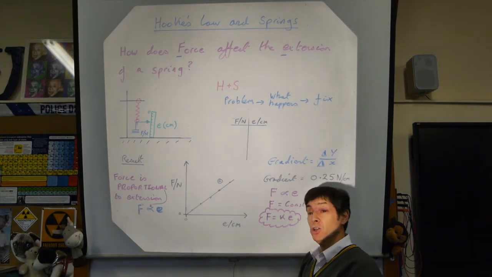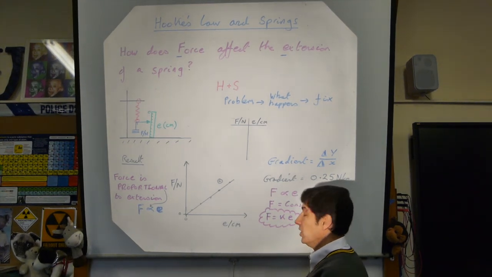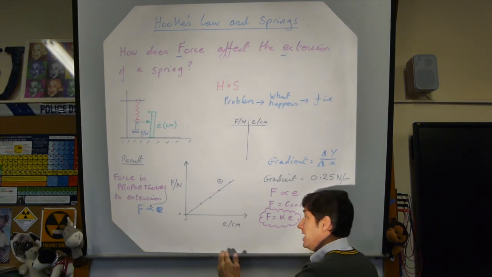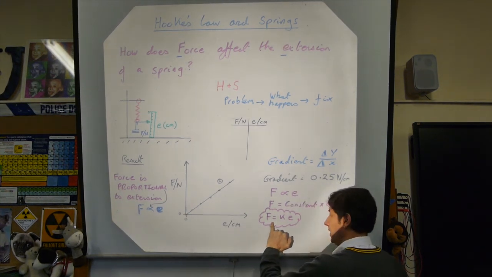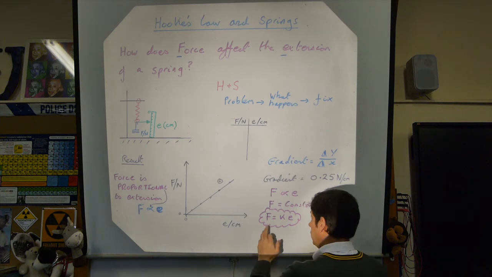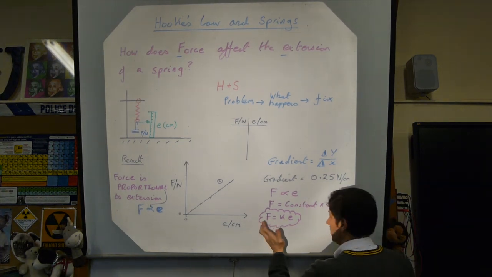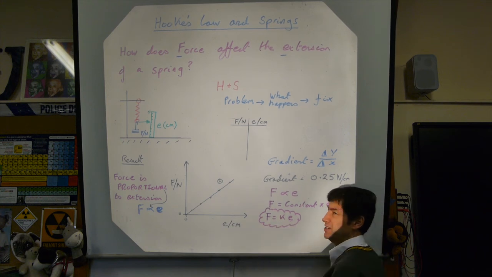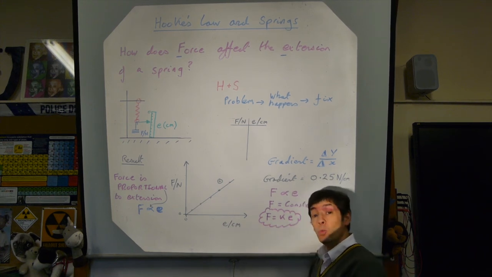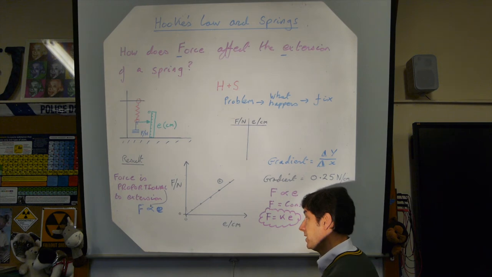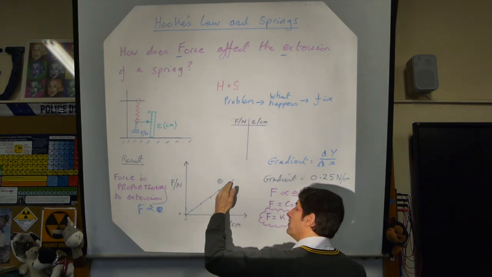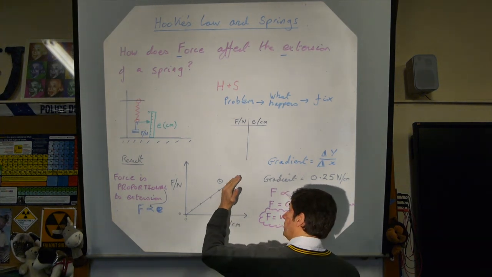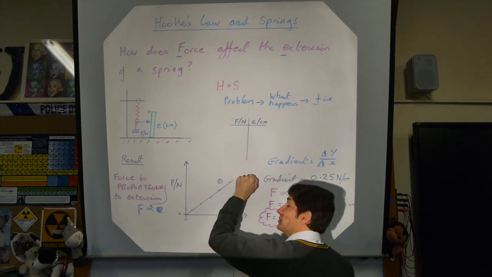It's not Hookean. And of course, I think most of you are aware that if we could keep using this formula, so we say that 1 newton gives 1 centimetre, 2 gives 2 centimetres, 3 gives 3, a million newtons can't give a million centimetres. We will have broken the spring. So this graph doesn't go on forever. There's a point where it'll begin to curve and then the spring will break.